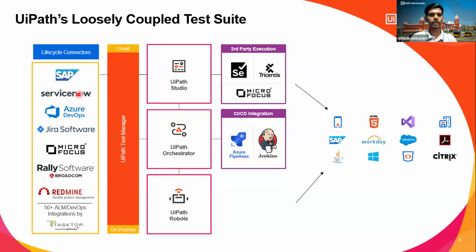If you want to connect your Test Manager with other external platforms like SAP, ServiceNow, Jira, any of the ALM platforms, or any sort of platform which you want to integrate, then you can use the connectors. This will help you send data out to your systems or receive something from them.